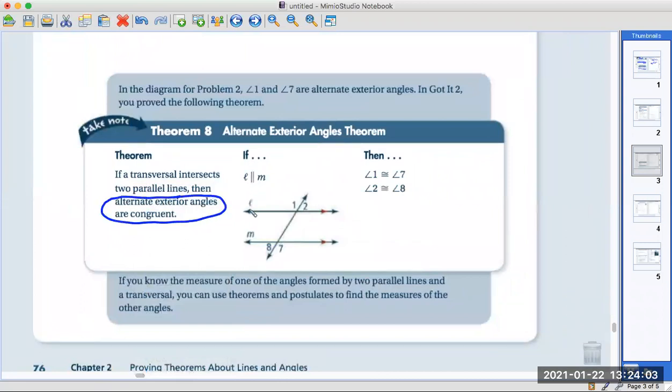So if line L and M are parallel, and here are our arrows that indicate they're parallel, and they're cut by this transversal, then the alternate exterior, that means they're on the outside of the two lines, exterior on the alternate or opposite sides of the transversal, 1 and 7 and 2 and 8. 2 and 8 are acute, 1 and 7 are obtuse. If you know the measure of one of the angles, you can use the theorems and postulate to find the measure of all the other angles, and we already did that.